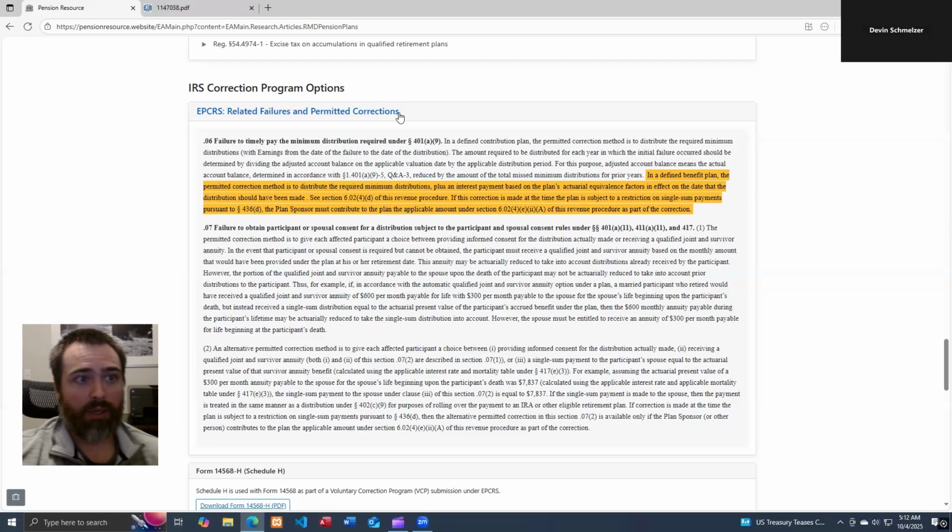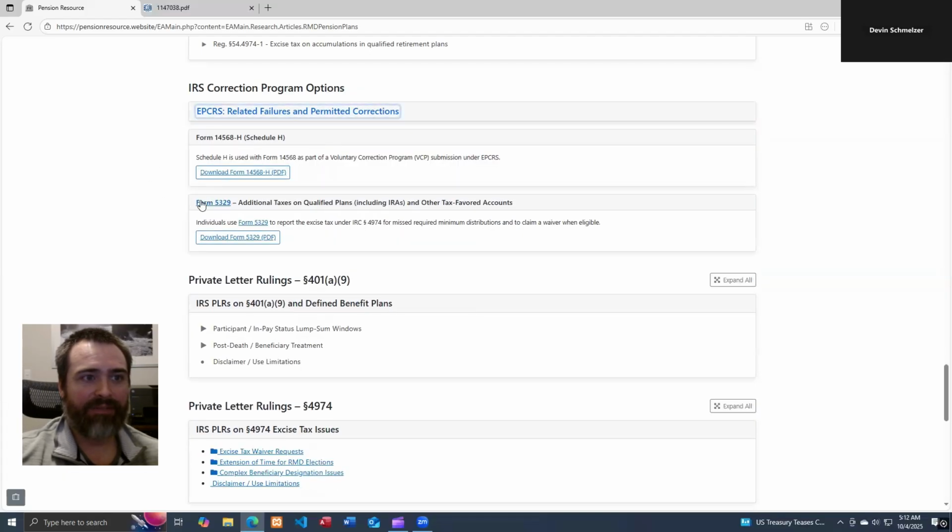Excise taxes are reported on the Form 5329, and that is an individual form, not a plan form. It is also possible to request a waiver of this excise tax, and that can be done through VCP.